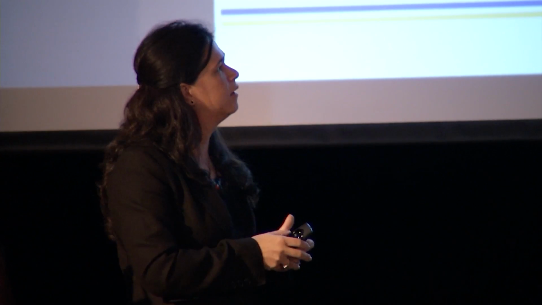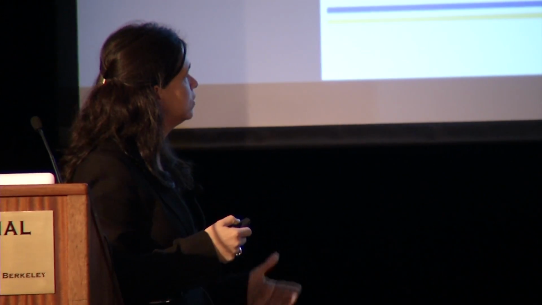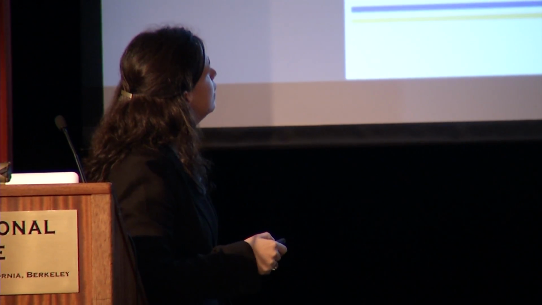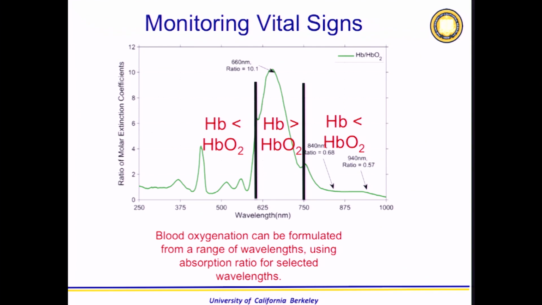And from that AC signal, you try to make out your data and extract the oxygenation and pulse rate. Well, you need different wavelengths because basically you are doing a ratio of absorption at 2 different wavelengths, because oxygenated blood and venous blood have different extinction coefficients.